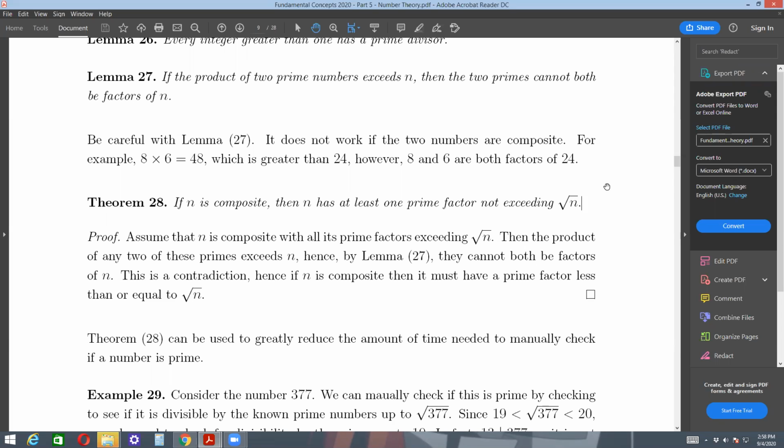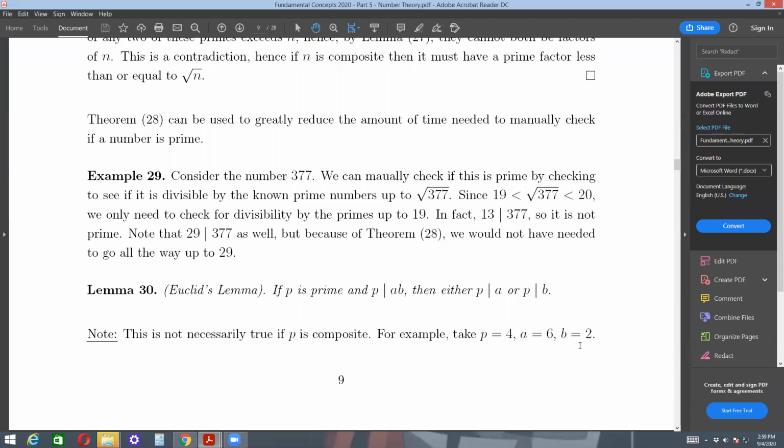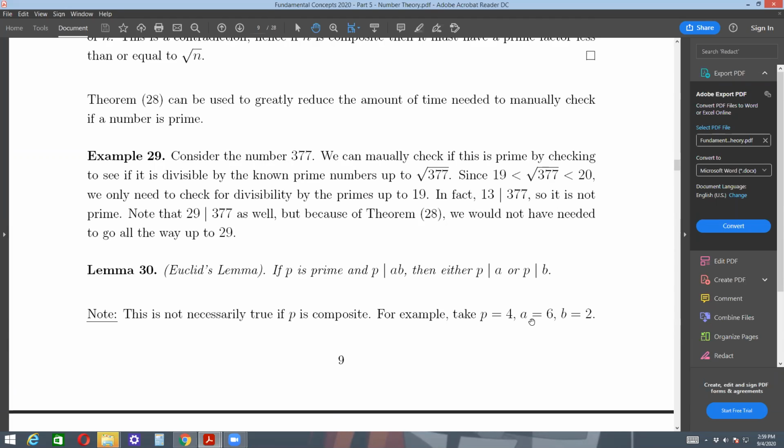And 17 also, I think, doesn't work. I'm not sure. 17 doesn't work. So 311 is prime, right? And that's how you would do it. You don't have to actually go and divide by all the prime numbers less than n. You just go up to the square root of n. Oh, there's an example here. Didn't realize that. So yeah, you could check this one as well.